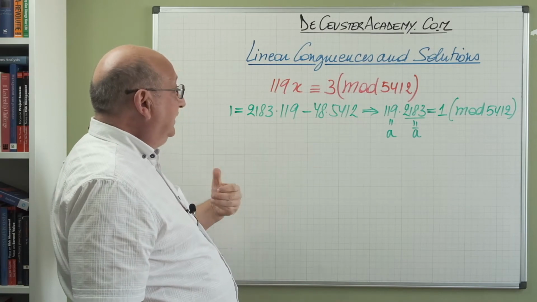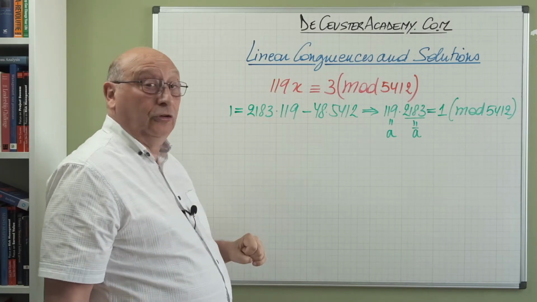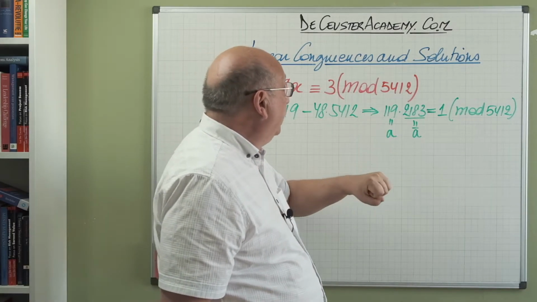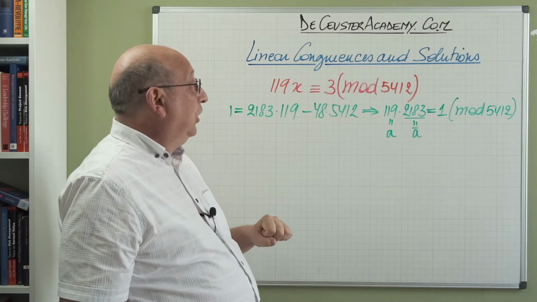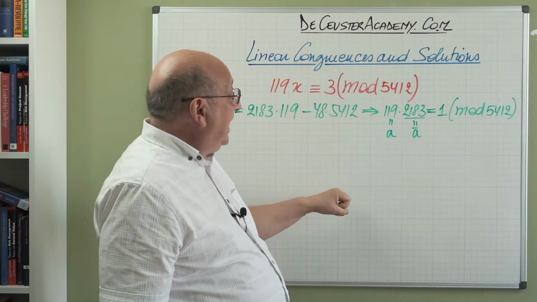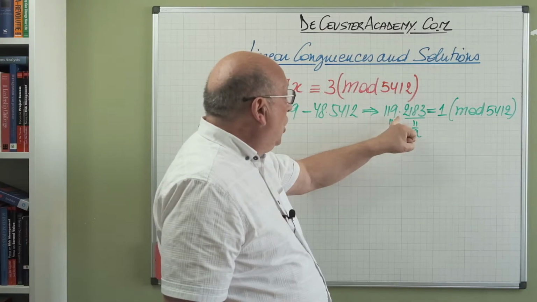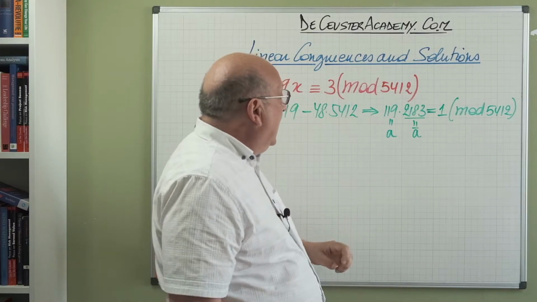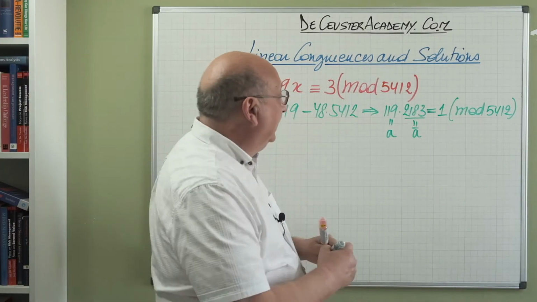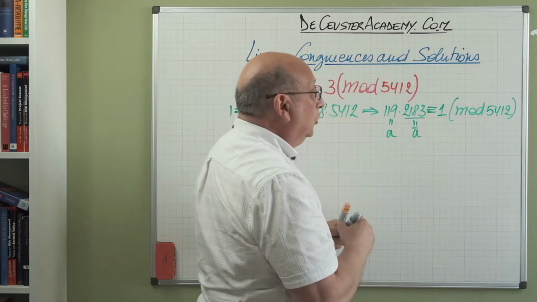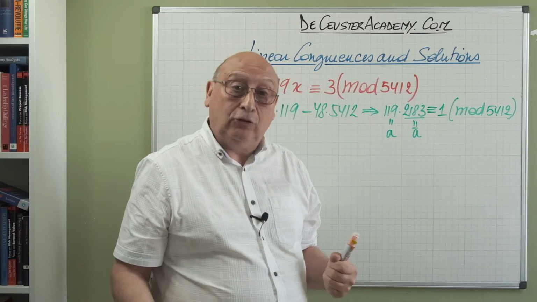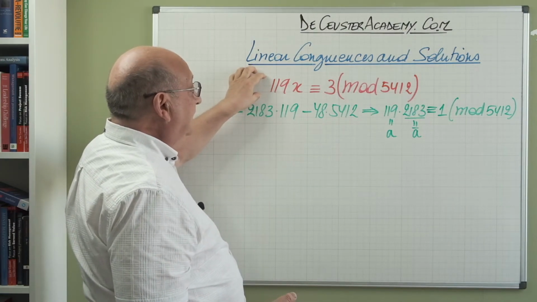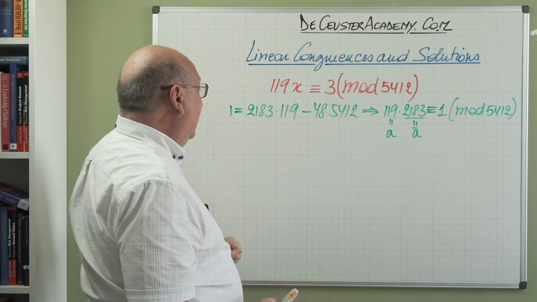We've proven before that in this case 2183 is the modular inverse of 119 modulus 5412, and we can write that 119 multiplied with its modular inverse 2183 is congruent with 1 modulus 5412. In order to find the solution, we have to multiply this expression with the modular inverse.